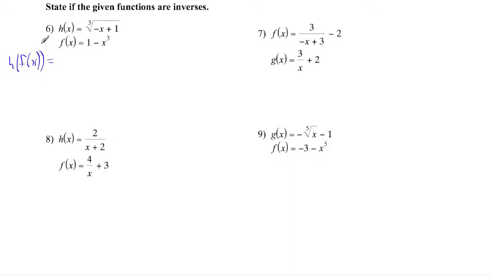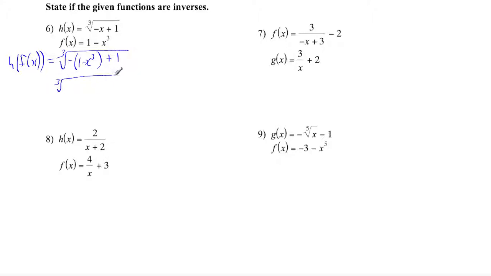So h of f of x, I start with my h function. So 3, cube root of negative x. But again, we replace the x with 1 minus x cubed, and plus 1.